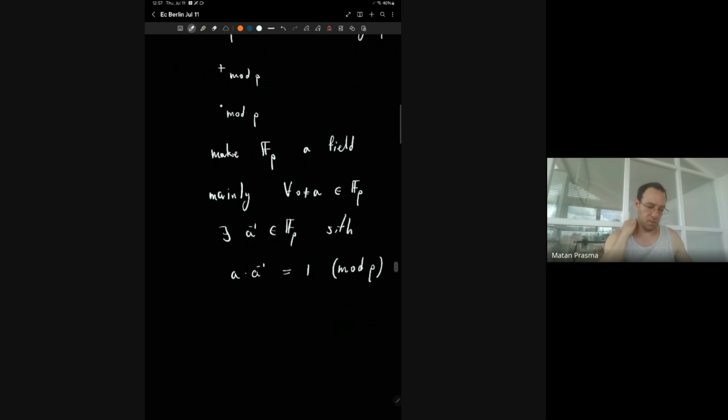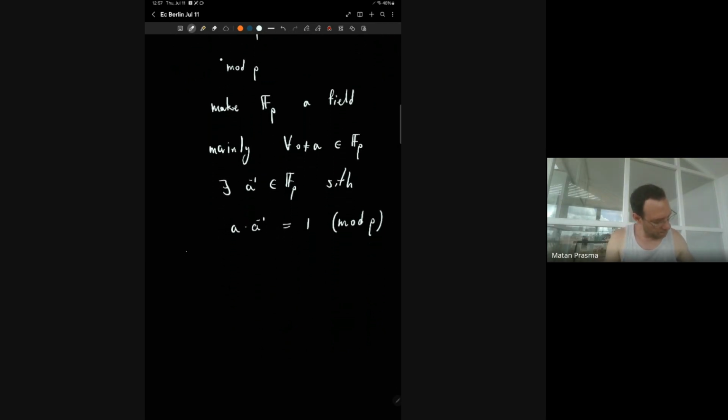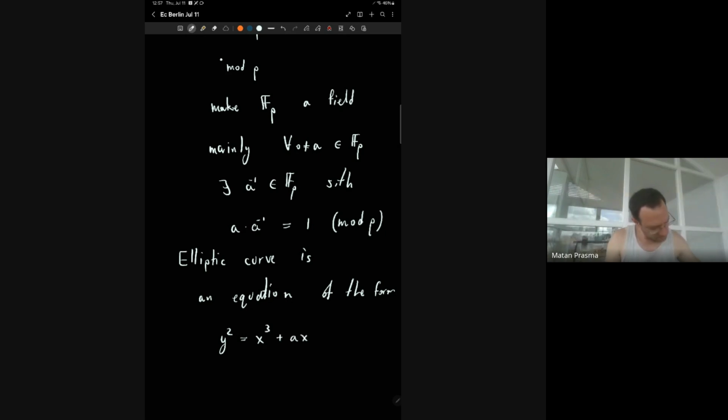Now, an elliptic curve is an equation of the form y squared equals x cubed plus ax plus b. And there is a question of where the constants a and b come from.